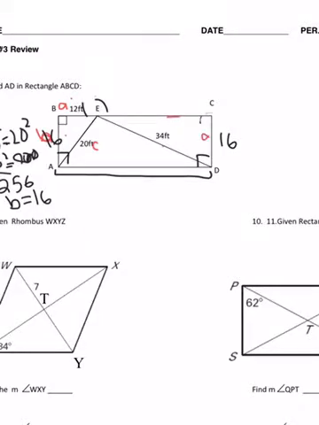And then, like I said, we got to do it again. So A, B again, C. 16 squared plus B squared equals 34 squared. 34 squared minus 16 squared is 900.